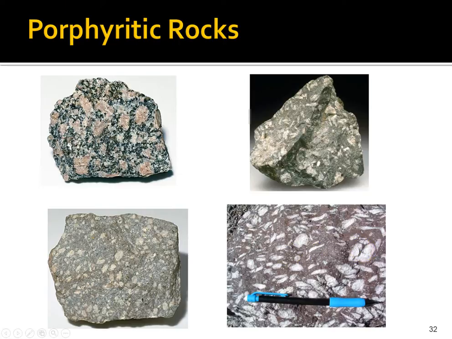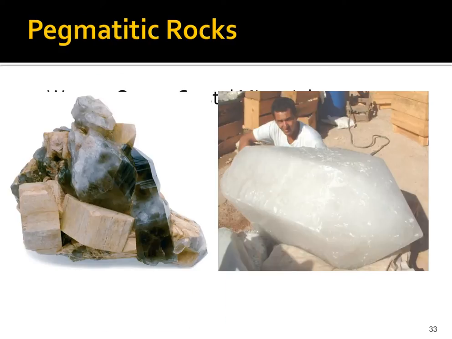Porphyries are actually really important here in Arizona because this is how we find a lot of our copper deposits. They come from these copper porphyries. When we talk about metamorphic rocks, we'll look at these a little bit closer and how the porphyritic rocks end up giving us copper.